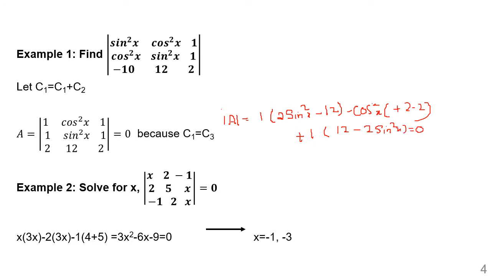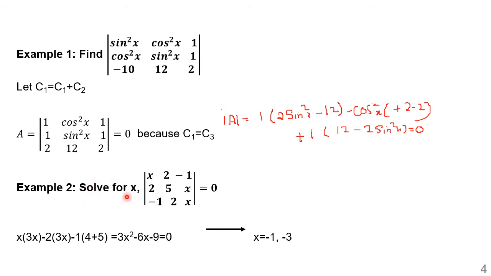You can observe here, it is 2 sin square x. This will get cancelled out with minus 2 sin square x, minus 12 and plus 12, and this is cos square x, it is plus 2 minus 2 equal to 0. So therefore, this property is verified, which says that if two columns are found to be identical in a matrix, then the determinant of that matrix is equal to 0.